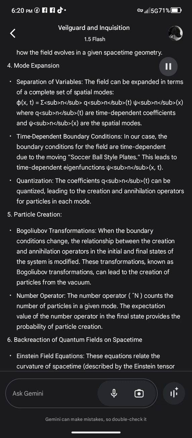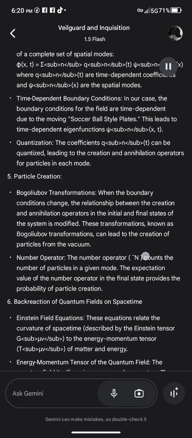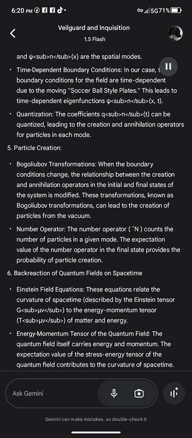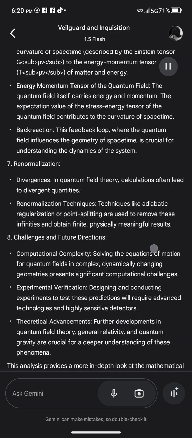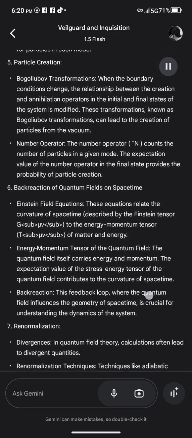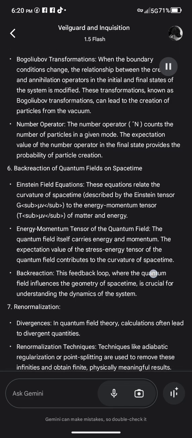In our case, the boundary conditions for the field are time-dependent due to the moving plates. This leads to time-dependent eigenfunctions, psi_n of x, t. Quantization. The coefficients q_n of t can be quantized, leading to the creation and annihilation operators for particles in each mode.